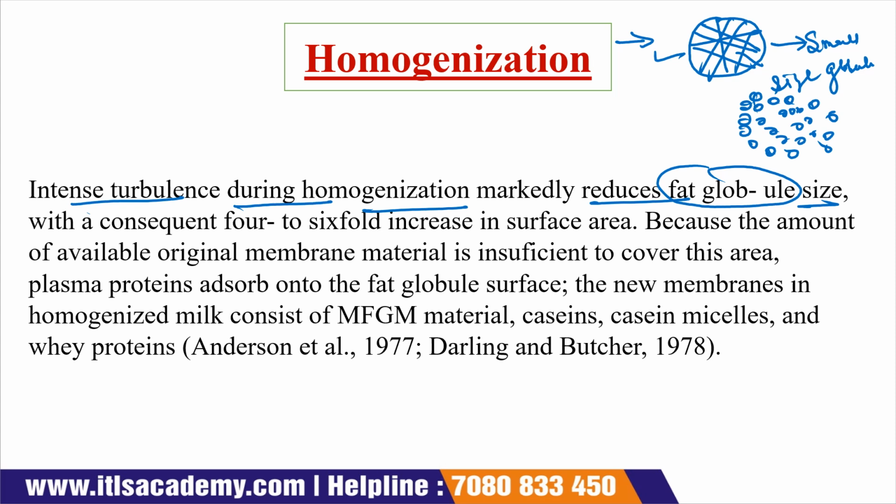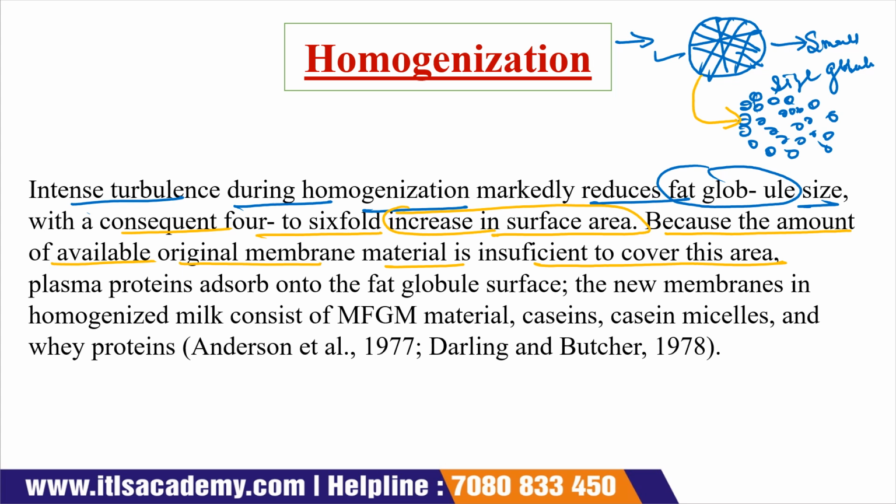Now this globule is converted into smaller ones, meaning the size is reduced with a consequent 4 to 6 fold increase in surface area, because the amount of available original membrane material is insufficient to cover this area. That's why the size of the fat globule reduces.